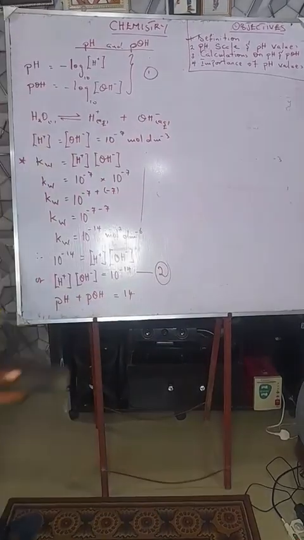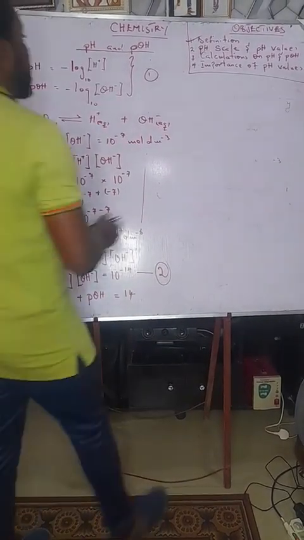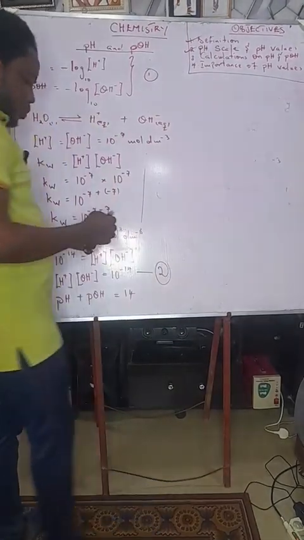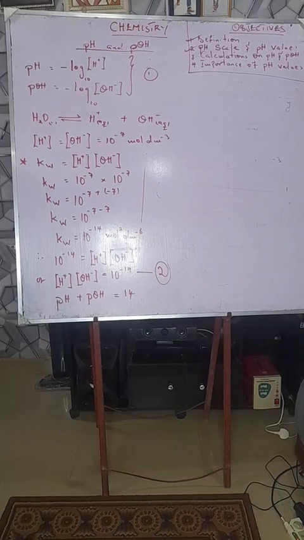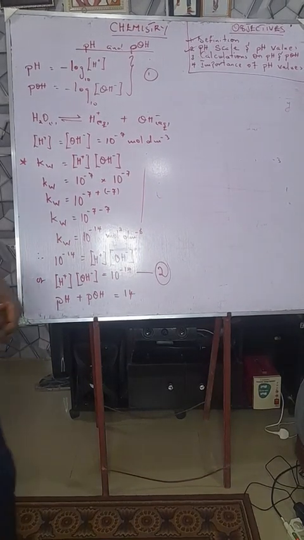So I'm done with the pH scale and the pH values. And if you want to know the definition of pH value, it's a measure of the hydronium ion or hydrogen ion concentration in a dilute solution.